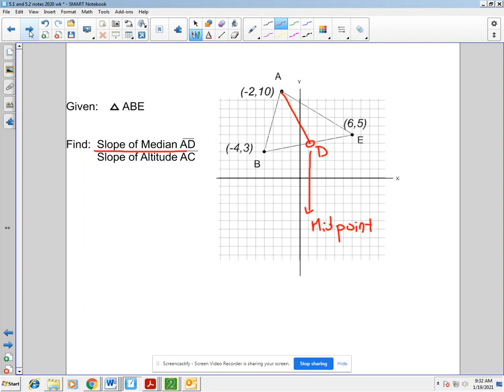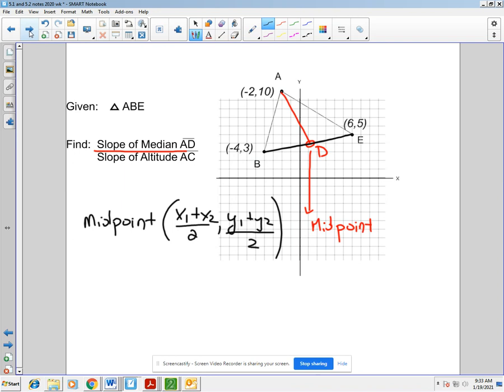Now, let's recall, how do we find a midpoint? How do we find the midpoint of this black segment? Midpoint is the middle. The formula is x sub 1 plus x sub 2 divided by 2, comma, y sub 1 plus y sub 2 divided by 2.